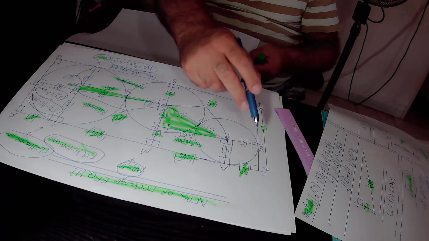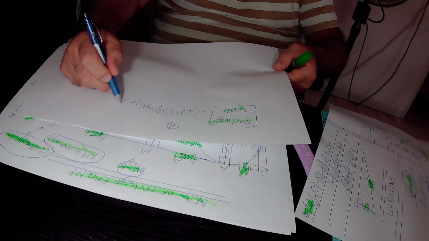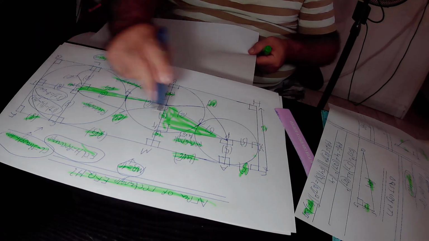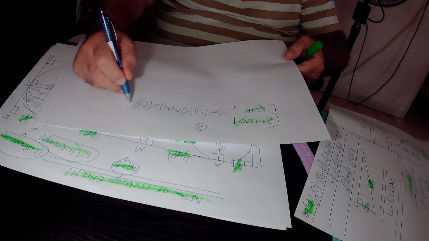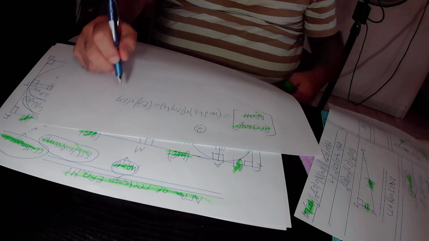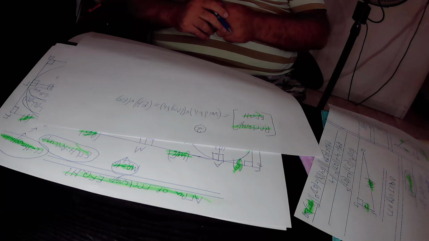The width is the EH, and the length is the EF. So the area of the big rectangle EFQH equals the width, that is EH, times the length, that is EF.